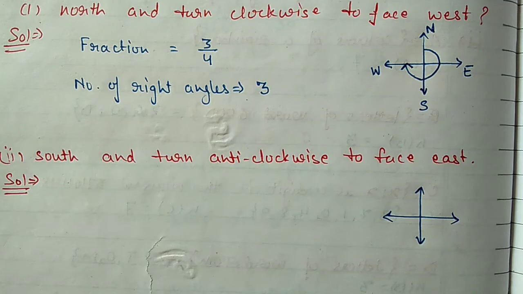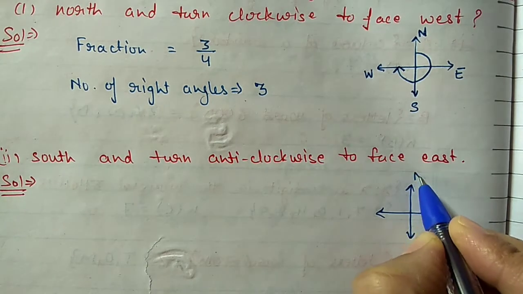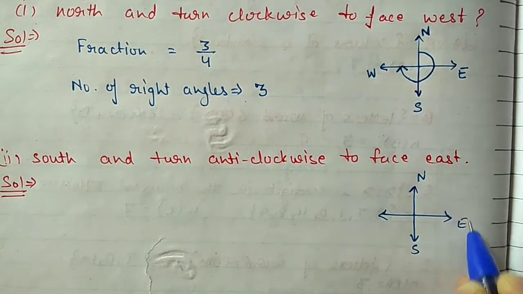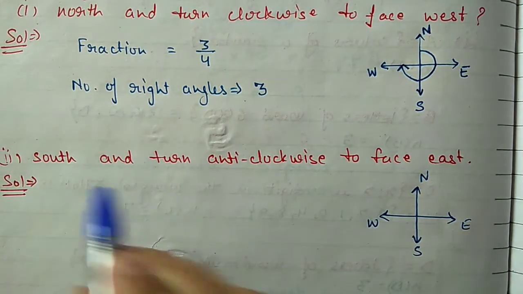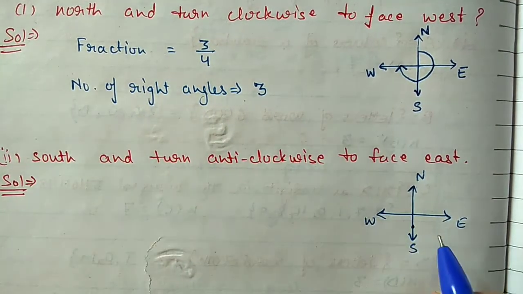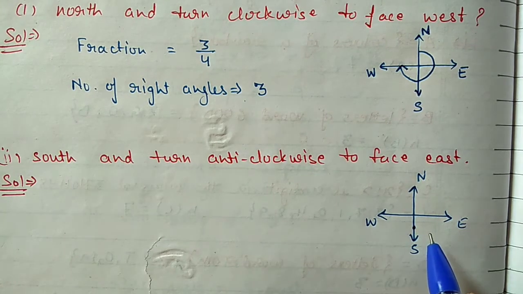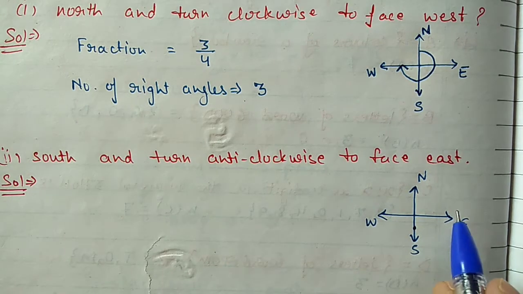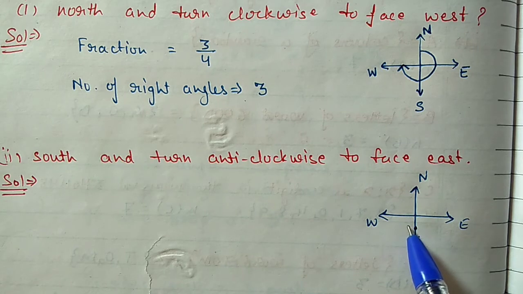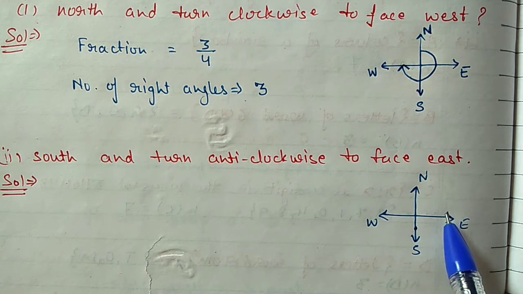Second part: we are facing south and we have to turn anti-clockwise to face east. So first make the direction arrows north, south, east and west. Now we are facing south. We are at this position and we have to turn anti-clockwise. Anti-clockwise means this is the direction of the clock, and we have to move in the opposite direction.